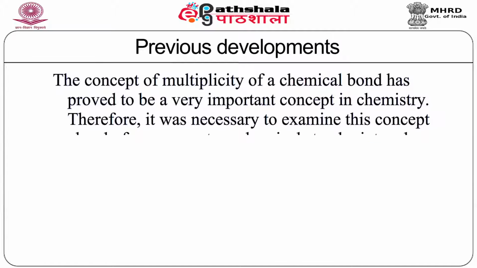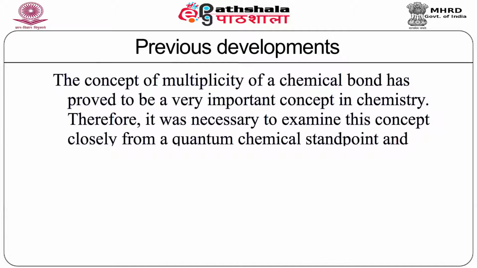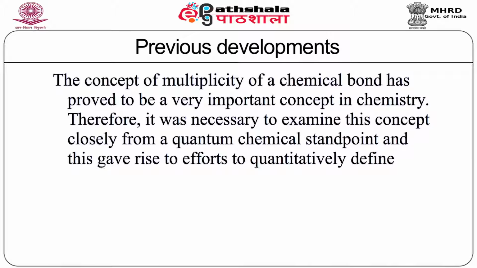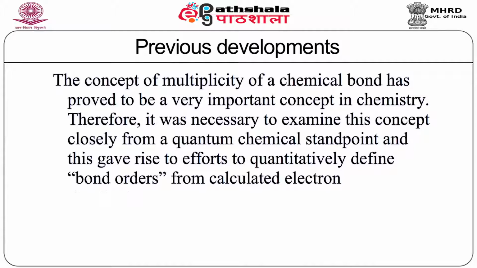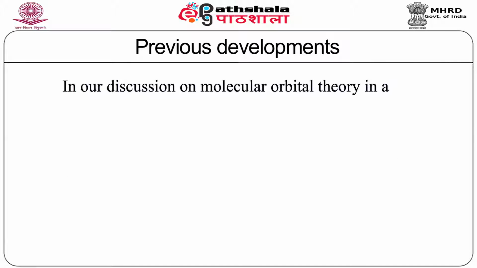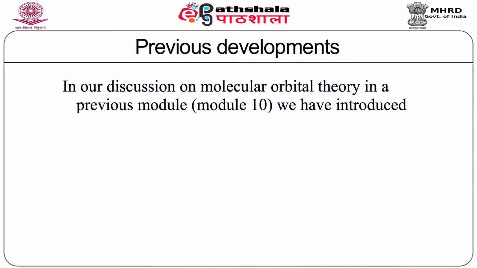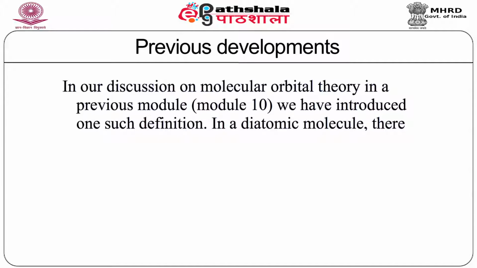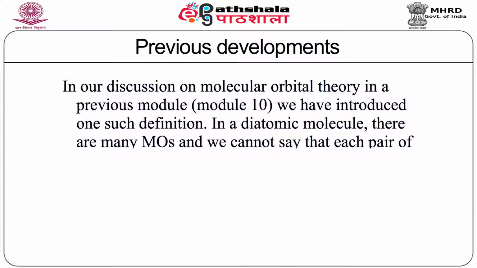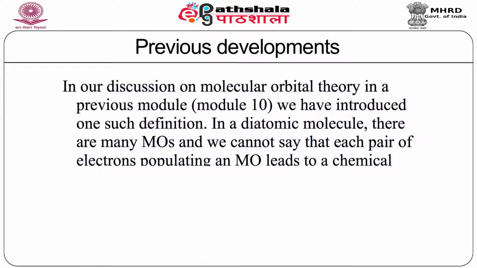Therefore, it was necessary to examine this concept closely from a quantum chemical standpoint, and this gave rise to efforts to quantitatively define bond orders from calculated electron distributions. In our discussion on molecular orbital theory in a previous module, Module 10, we have introduced one such definition.